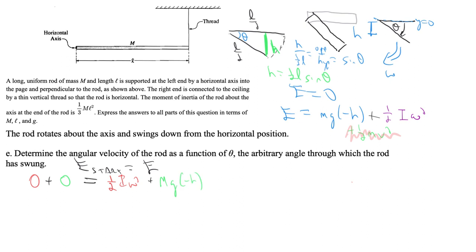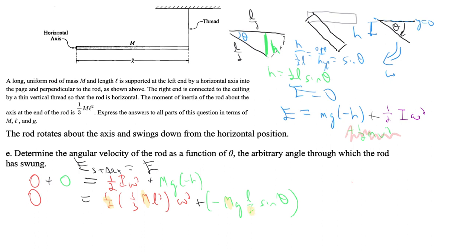So then we just start substituting. So we say that our 0 is 1/2 of 1/3 of mL squared times omega squared, plus minus mg L over 2 sine theta. Then we start looking at things that we don't care for anymore. So we say, hey, look, the m's cancel out, which we're used to. And also, the halves cancel out, which we're not as used to, but it's kind of nice.